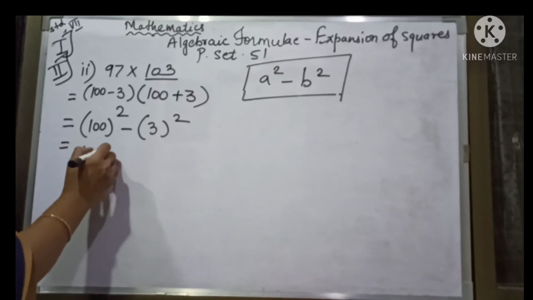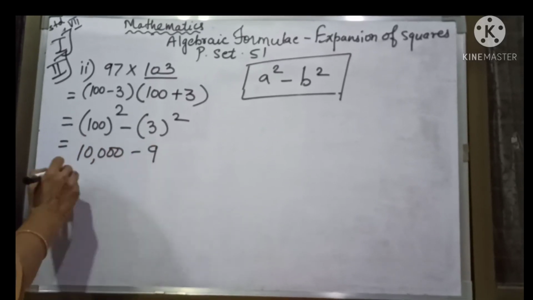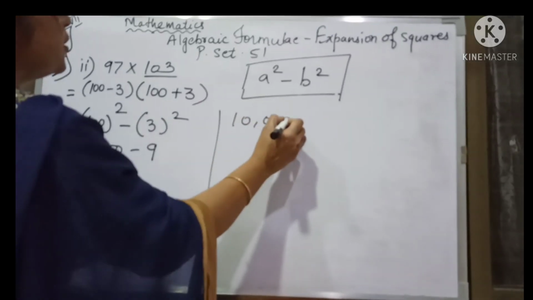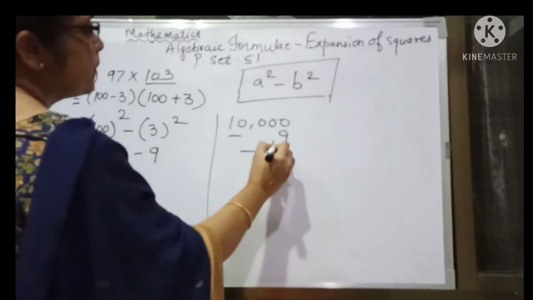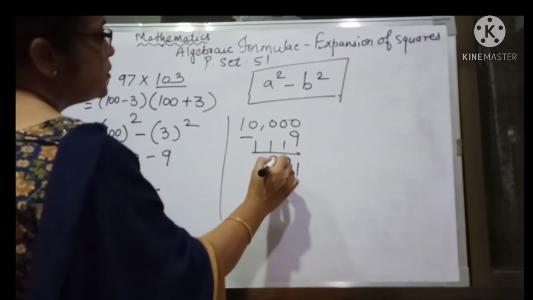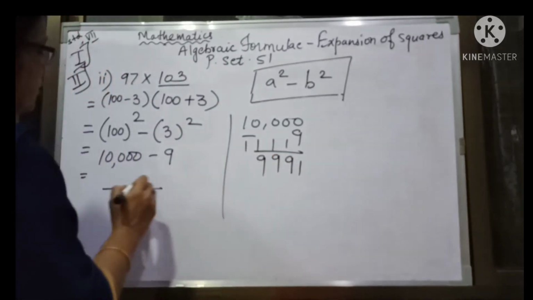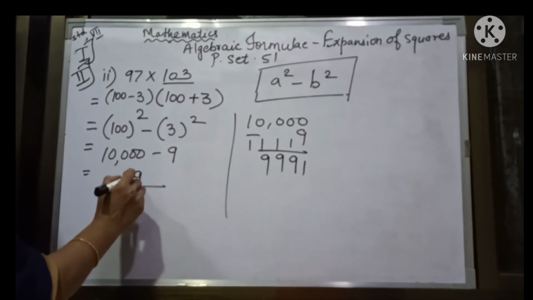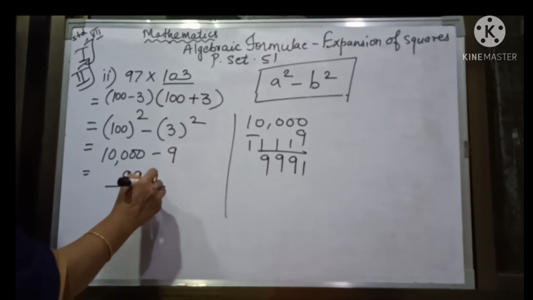So 10,000 minus 9. So you find out the answer of this. 10,000 minus 9 is 9,991.